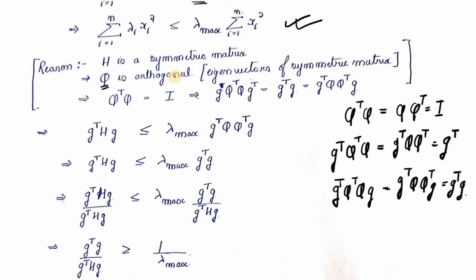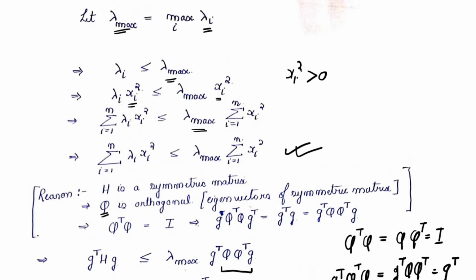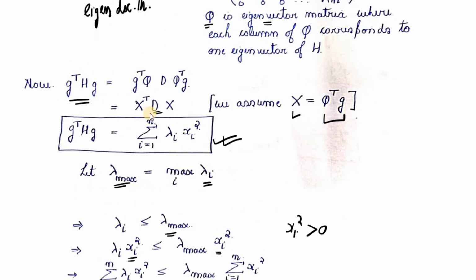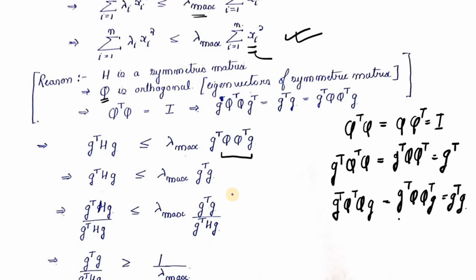So now we substitute G transpose QQ transpose, which we were able to find, and this term is happening only because we have made X transpose DX over here. Summation xi could be expressed in the form of X transpose X only.